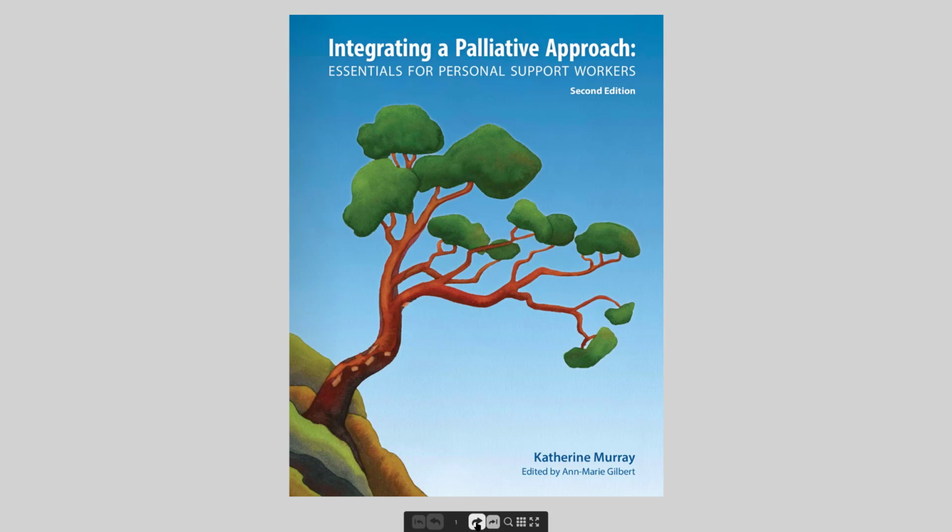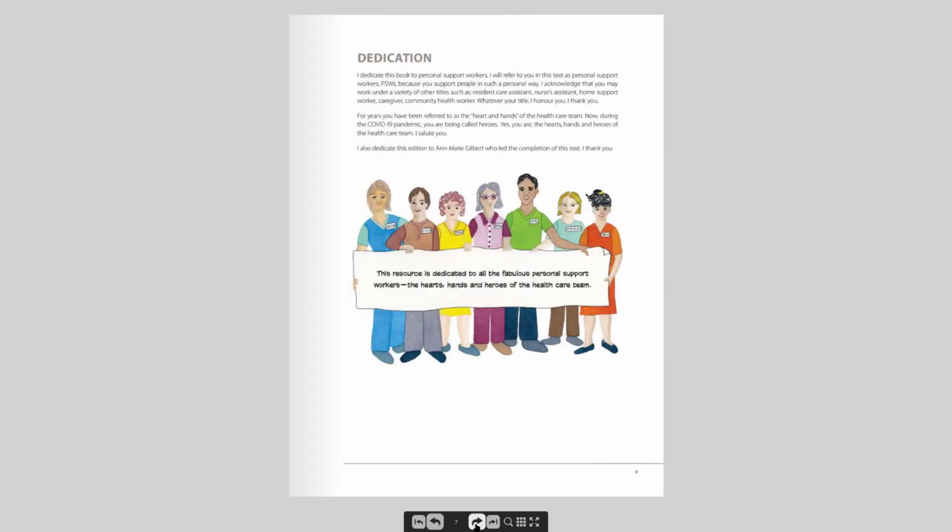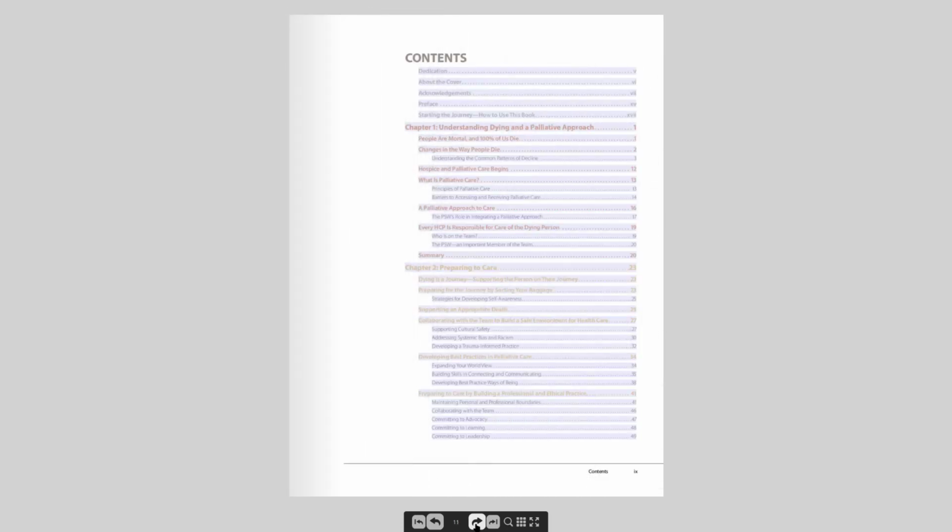If you want to browse through the text page by page, you would use this large arrow here, and that just turns the pages. We're at the beginning of the text, so it's all the preamble and the acknowledgements, and eventually we get to the table of contents.